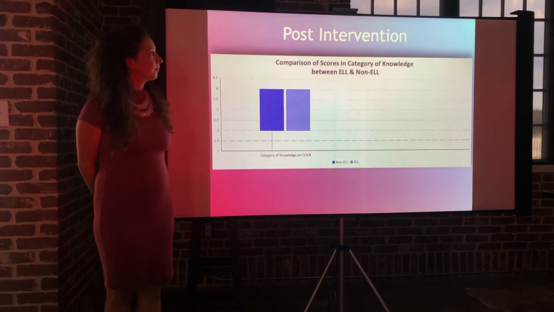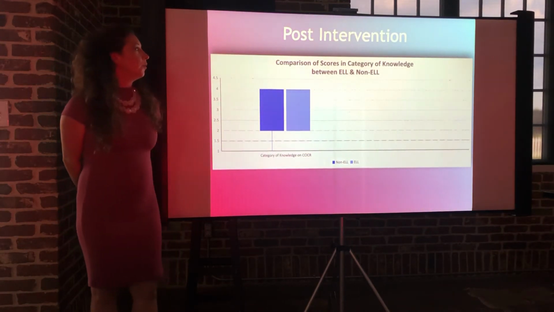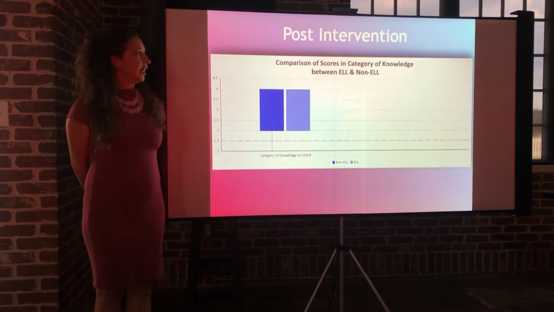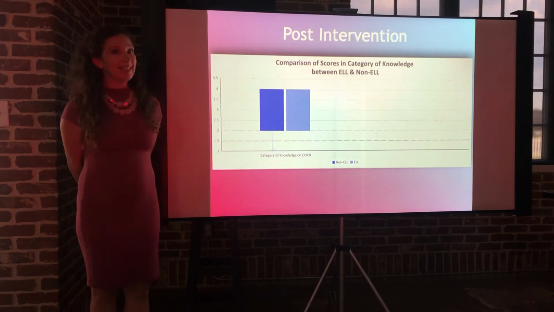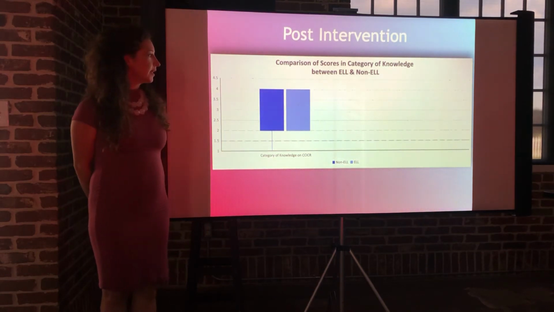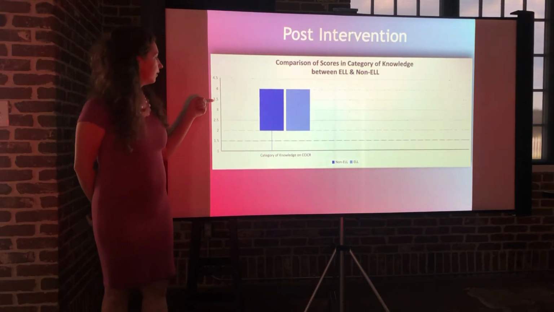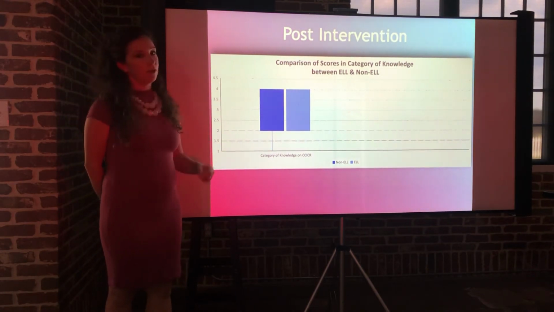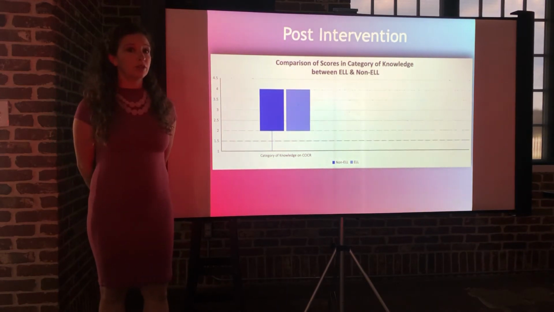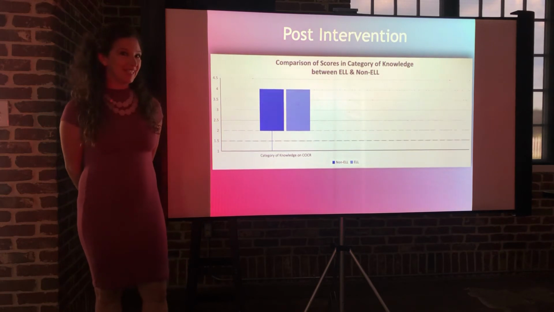In the post-intervention, we can see a comparison of scores in the category of knowledge between ELL learners and non-ELL learners. The ELL learners had a median average score of 3.5 using the Cultiva, Cultura, Intercultural Competency rubric.